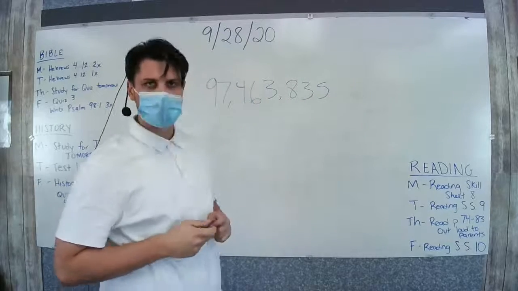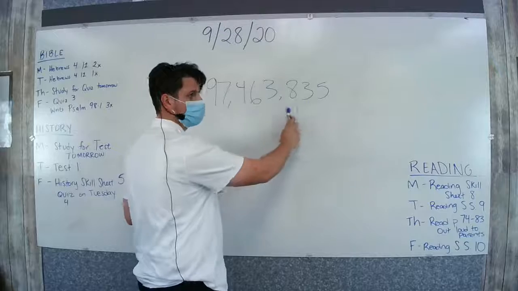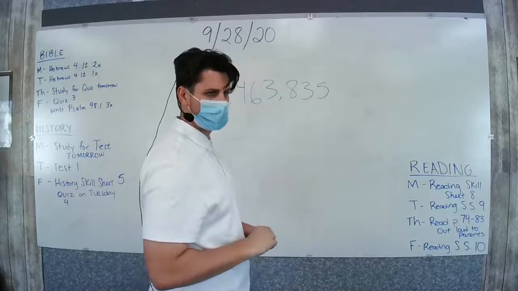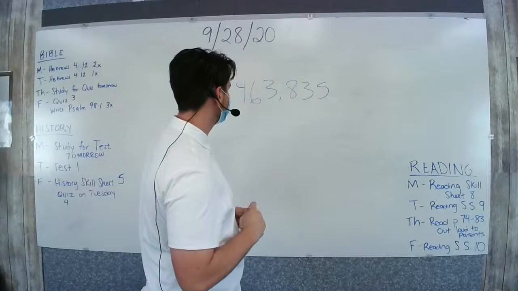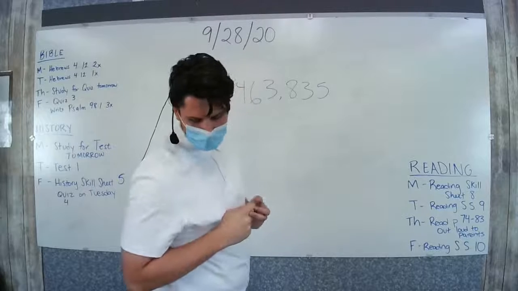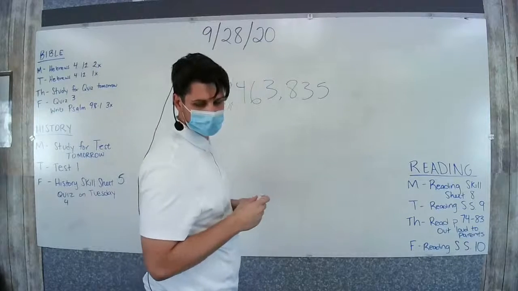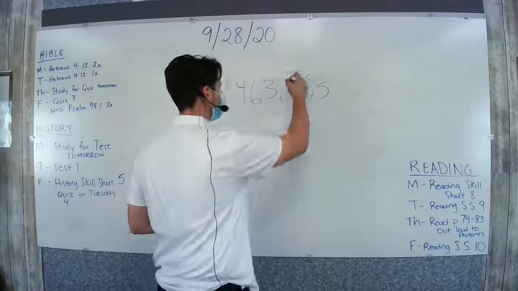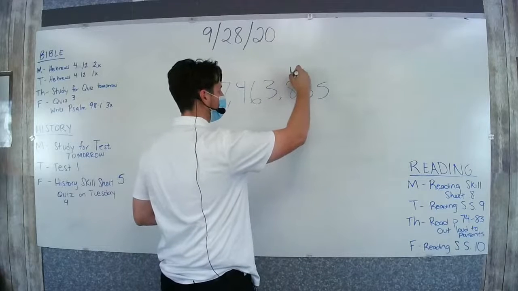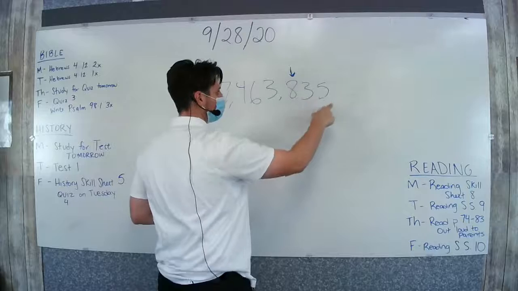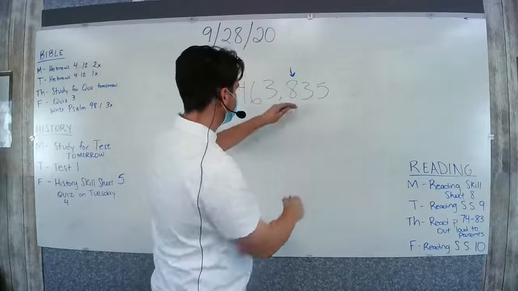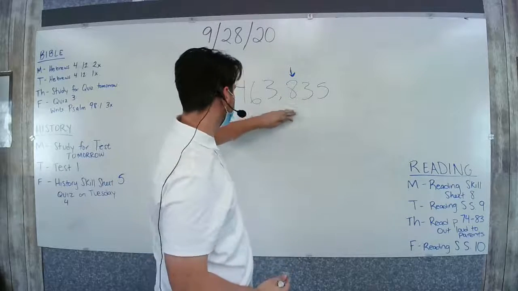Next one, it's the 100th place, right? What's the 100th place in here? Where's it at? 835, okay? So this is the 100th place right here. This is the 1's place, 10's place, 100th place. So you're going to round it off from right here, okay?